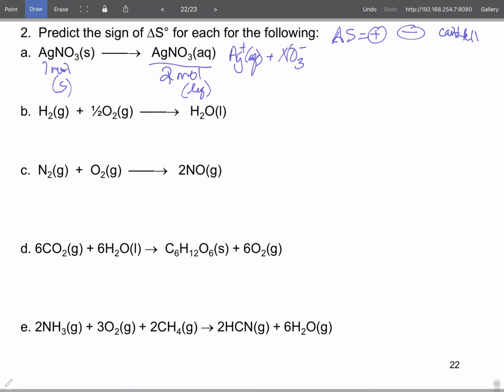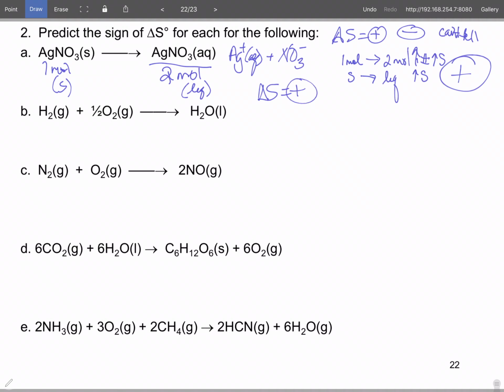So in this case, we're moving from 1 mole to 2 moles. So we increased our number, and we're moving from a solid to a liquid, which means we increased our S, increasing the number, increasing the S's. So in both cases, both of these increase the entropy. So we have delta S is positive.